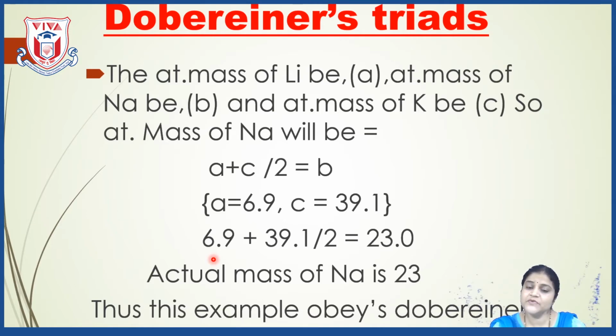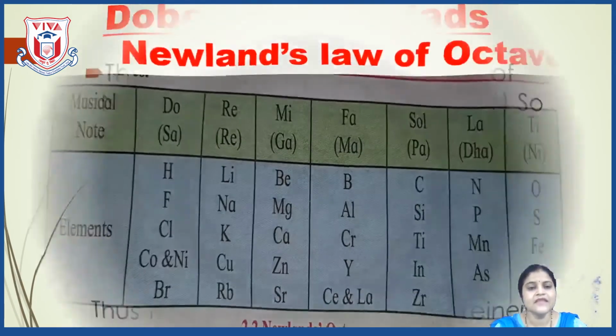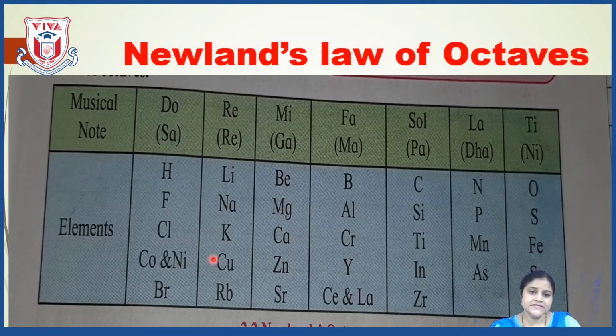Now, as science progresses every day, another scientist who contributed to the classification of elements was Newlands. What he did was follow the same procedure, arranging the elements in increasing order of atomic masses.